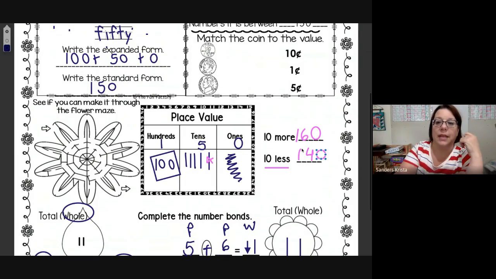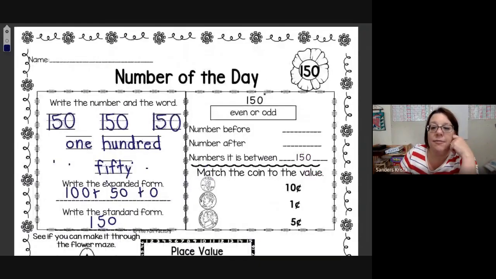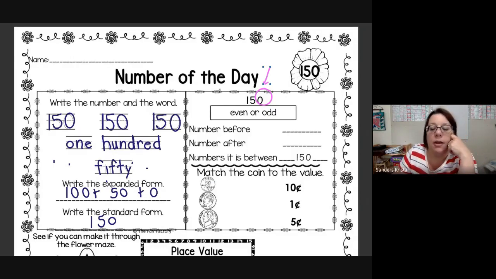Good. All right, so we're going to go up to even and odd. This is the number 150. Remember, every time we look at even and odd, we always have to look to the ones place, and that ones place has nada. Nada, nada, nadita, right? So if I don't have anything to draw, let's see.